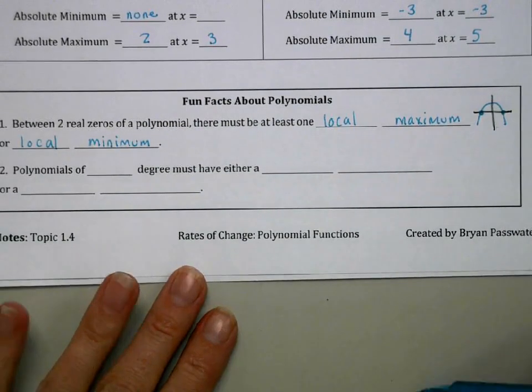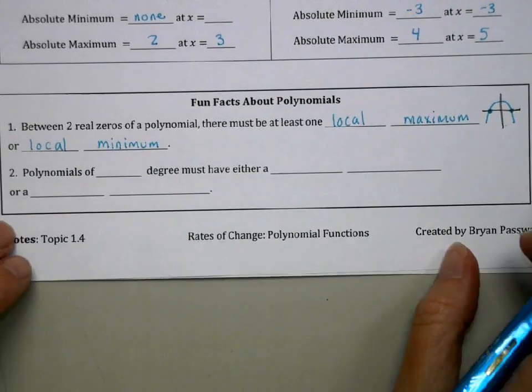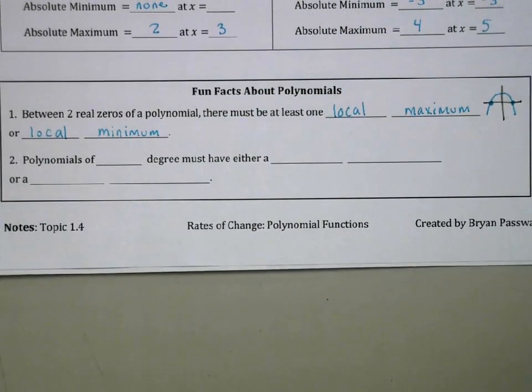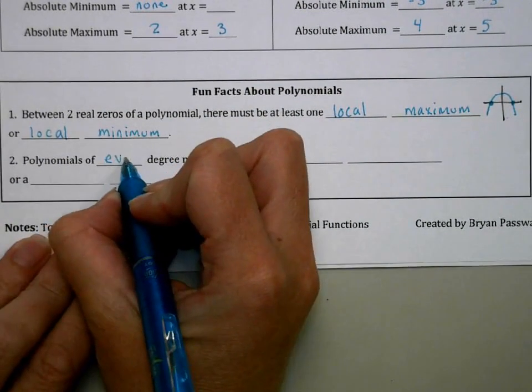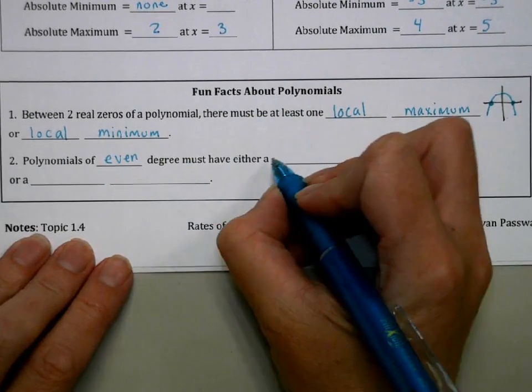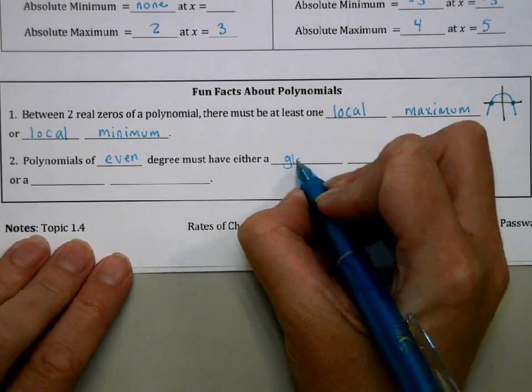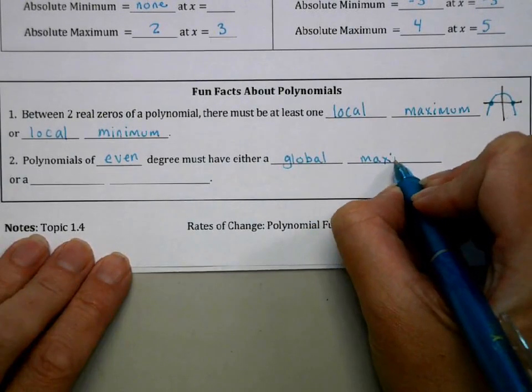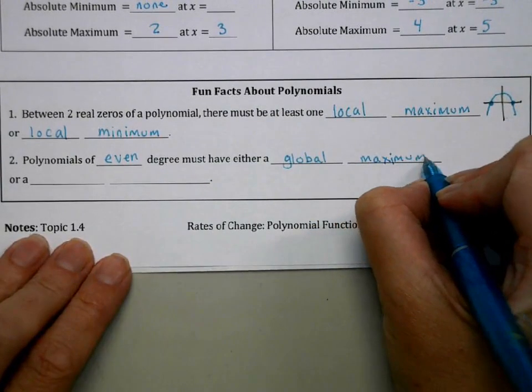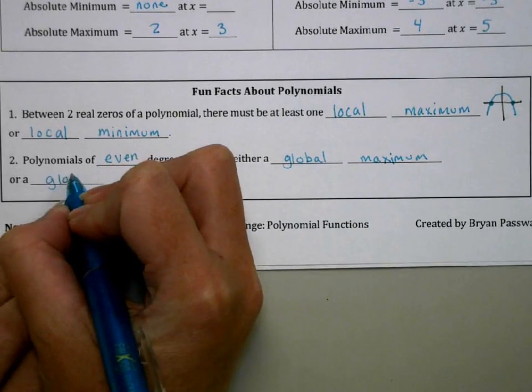The other fun fact, and this will get tied in when we talk about end behavior in a couple of days, polynomials of even degree either have a global maximum or a global minimum.